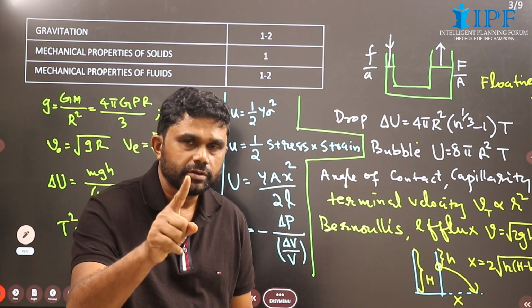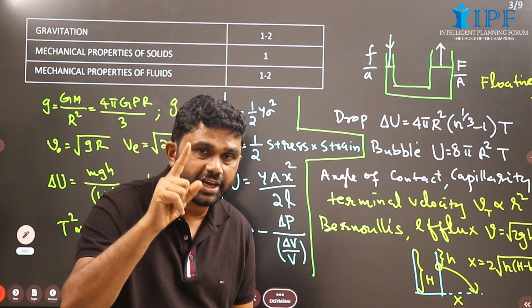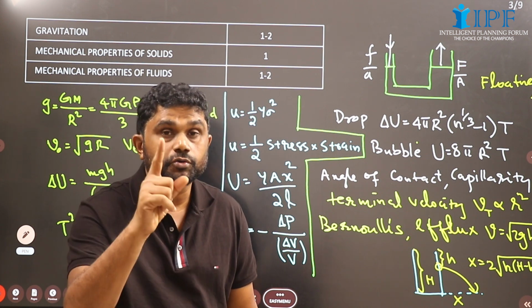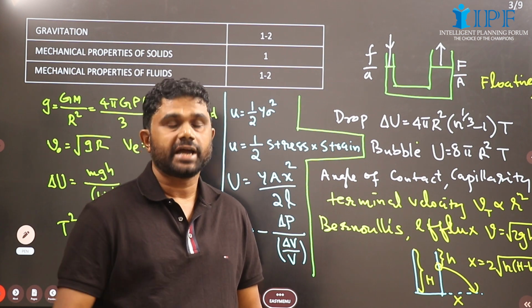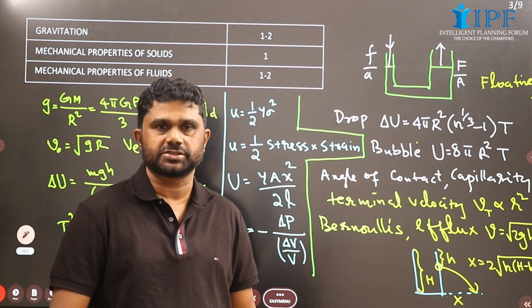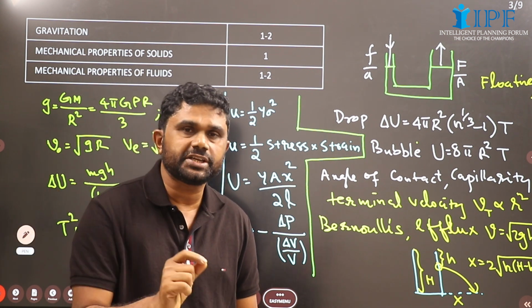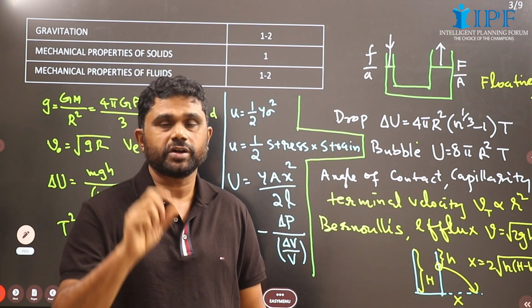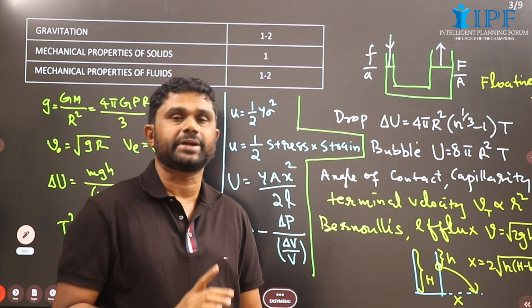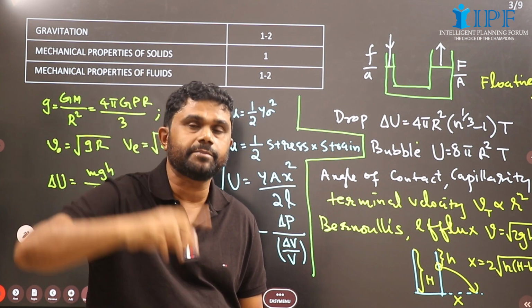We can have the same range for the liquid jets coming out of two holes at depth small h and capital H minus small h, just like theta and 90 minus theta. What stands for theta here? It is small h. What stands for 90 here? It is capital H. In case of projectiles, theta and 90 minus theta give the same range.